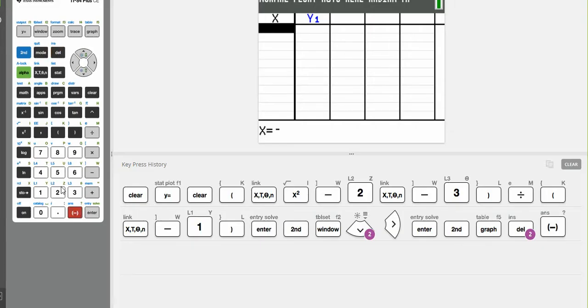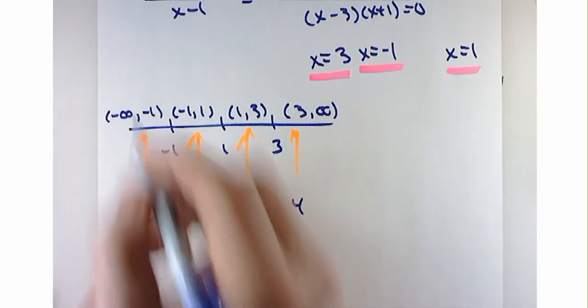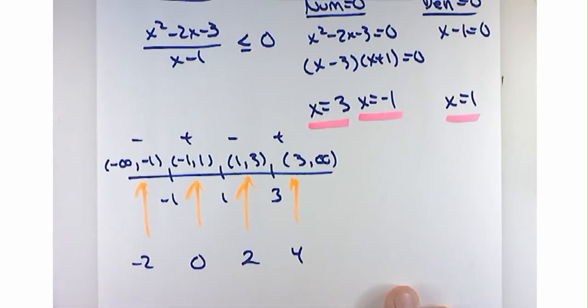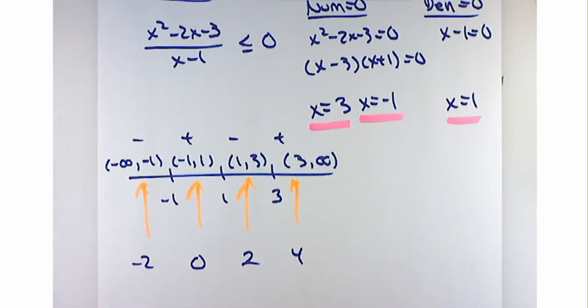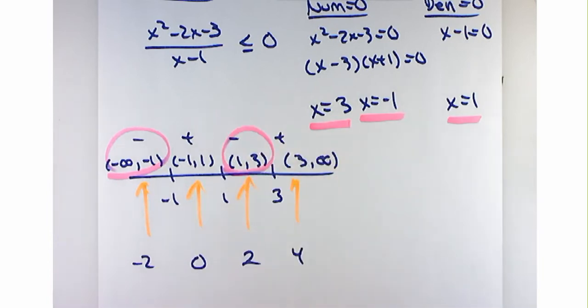The important thing is that it goes negative, positive, negative, positive. So let me write that in. Negative, positive, negative, positive. Because I want to know where this expression is less than 0, I want the negative intervals. So I want this one and this one.